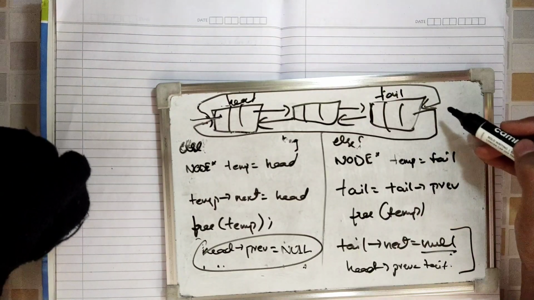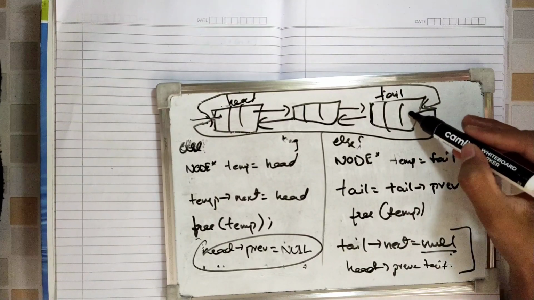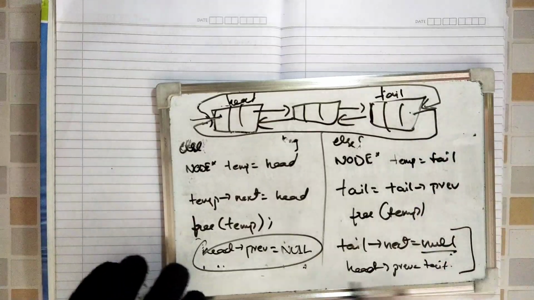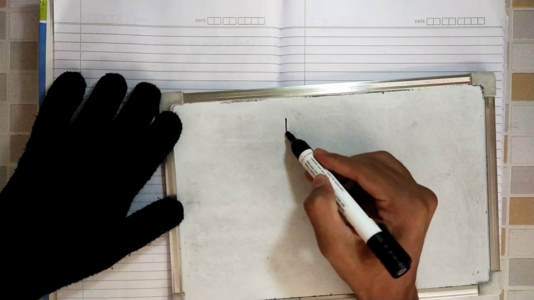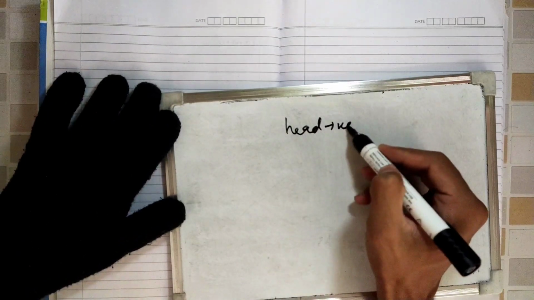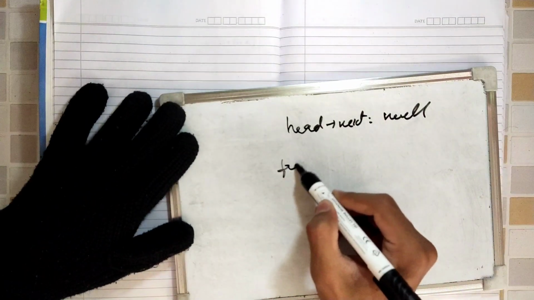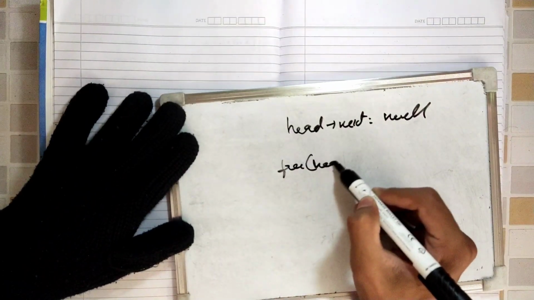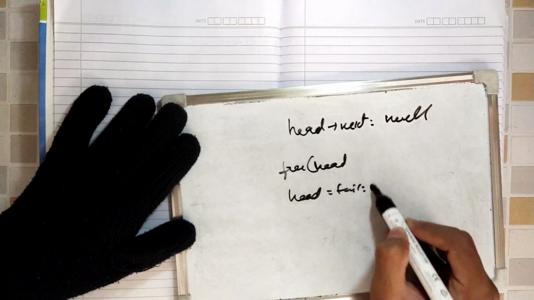And in the creation part that you saw, tail of next was null; again you just write the same thing, understood. Now I will explain deletion of a single node. If only one node is there, head of next is equals to null, I will say free head, and I will set head equals to tail equals to null.